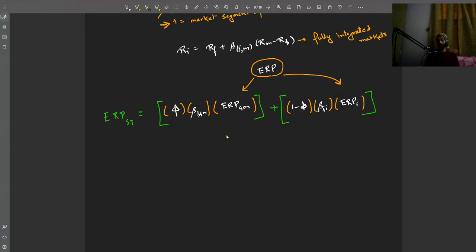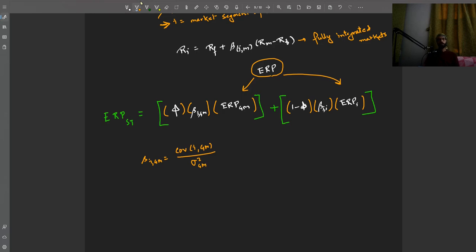Now this expression can be made simpler, friends. For example, the beta can be modified. Beta of I with respect to global markets is actually equal to covariance of I with respect to global markets divided by variance of the global markets, right?